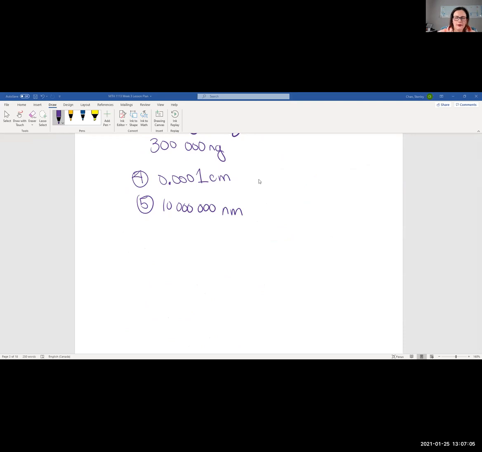So how would we express this answer in scientific notation? Wouldn't you just take the 7 that you originally used and then put 1 times 10 to the power of negative 7? Or, sorry, not negative 7. No, positive 7. Sorry.